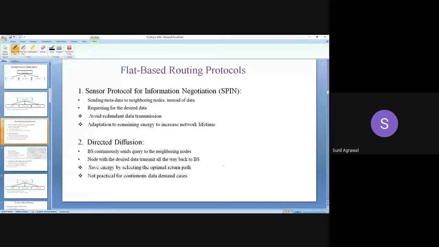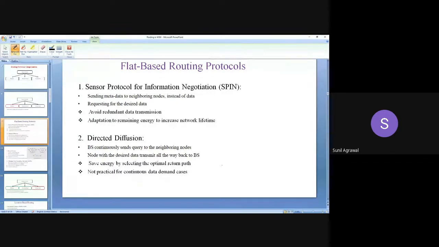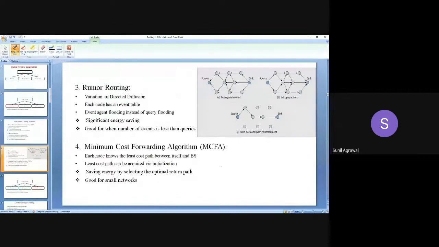So base station is sending queries, or in another case, when that sensor node is having information, if a base station is not sending queries, then what may happen? A particular node may be having some data to transmit, then it will flood that particular information in the network, and that information will reach the base station.